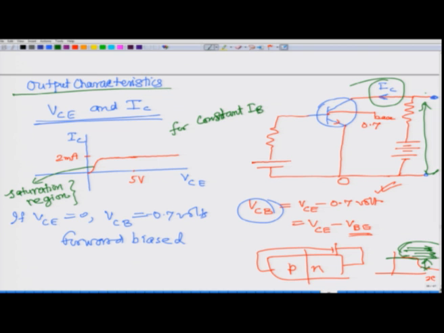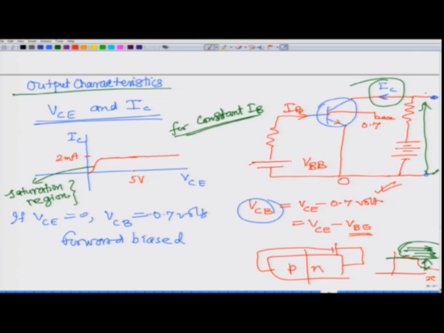Base current should be constant. If you are doing this experiment and drawing these characteristics, to keep this IB constant, you may have to change this VBB here. So, this VBB you have to adjust so that this IB remains constant if you are drawing this output characteristics.